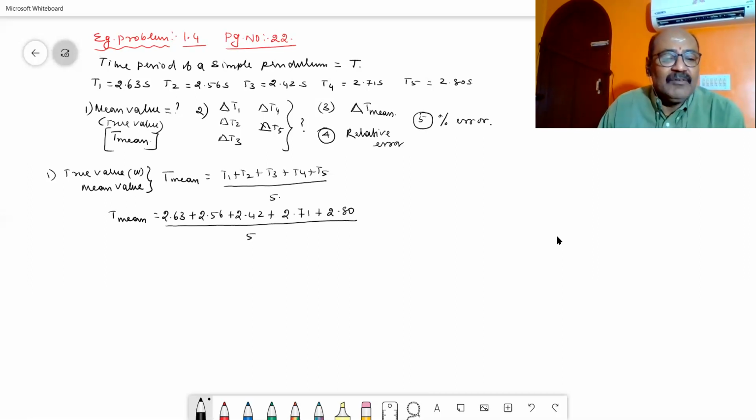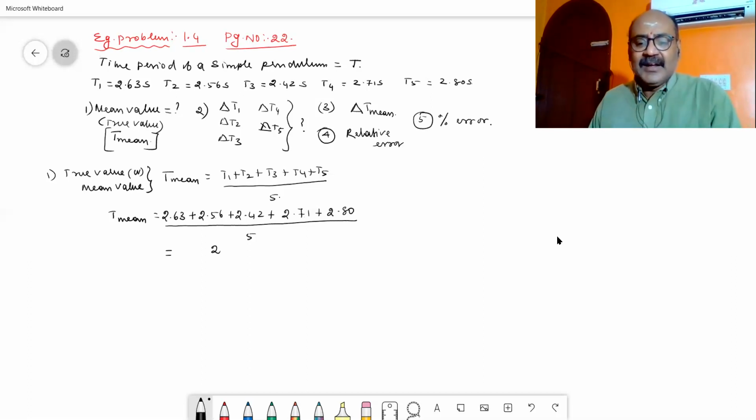So you add it out. When I have added the values, I get 13.12 divided by 5.